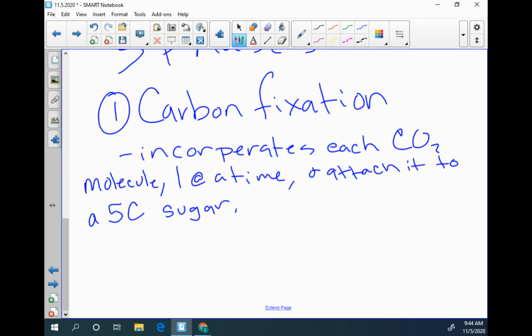That 5-carbon sugar is called ribulose bisphosphate, or RuBP. We like our acronyms. So the first step, we're going to take one CO2 molecule and attach it to this RuBP.